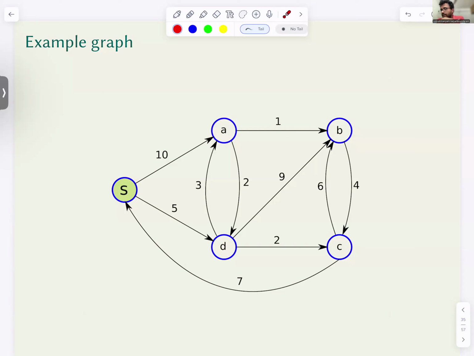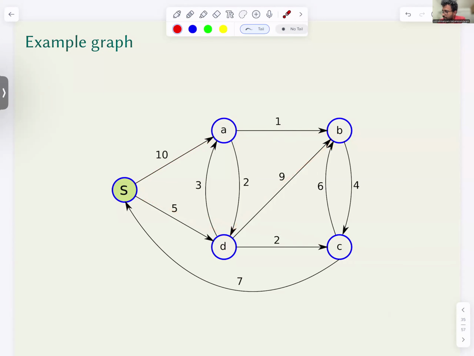There are many ways to reach B from S. AB. Sorry, AB. So that is the path of length 11. Anything else? So what about this DB? That is 14. That is also possible.